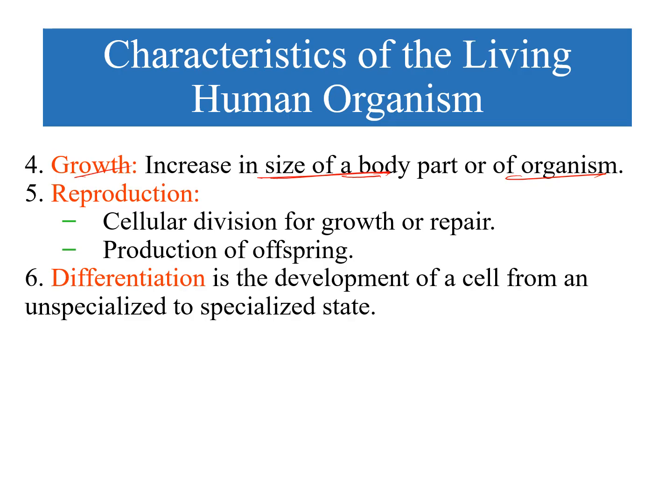An organism or a body part can increase in size by increasing the number of cells or increasing the size of cells. It will mostly grow by increasing the number of cells, but to some extent, sometimes it can also grow by increasing the size of the cells.